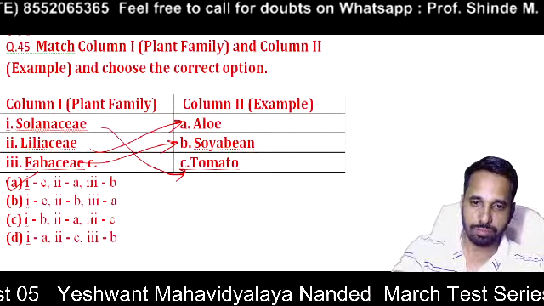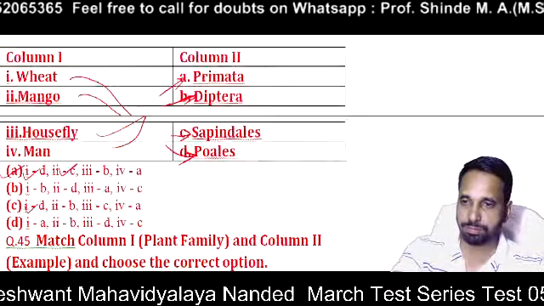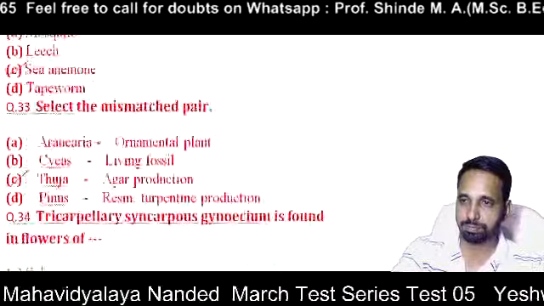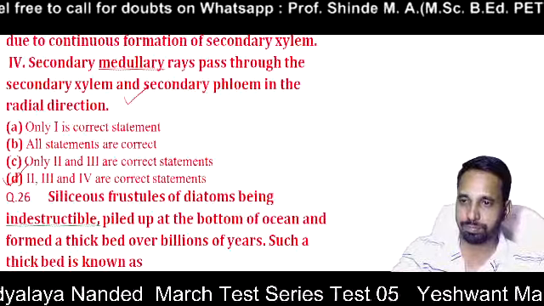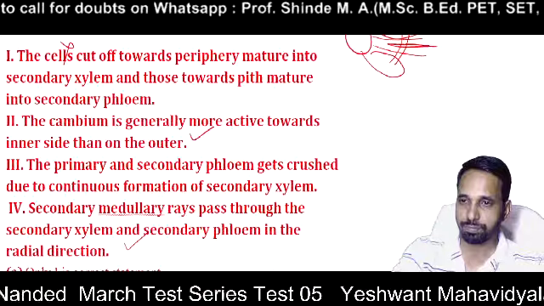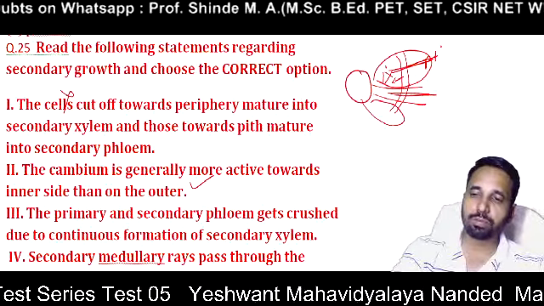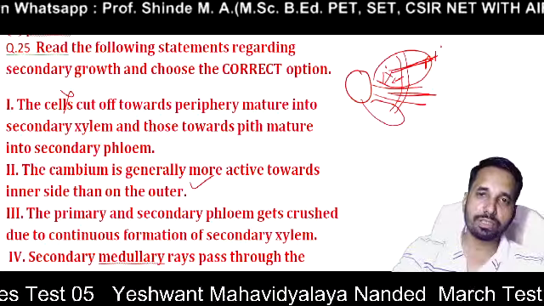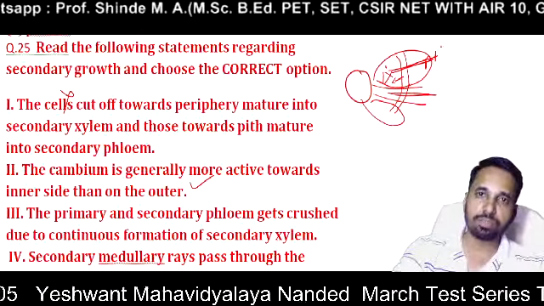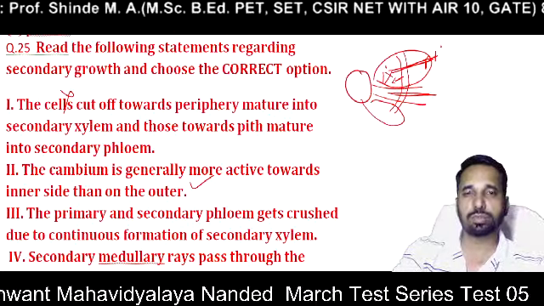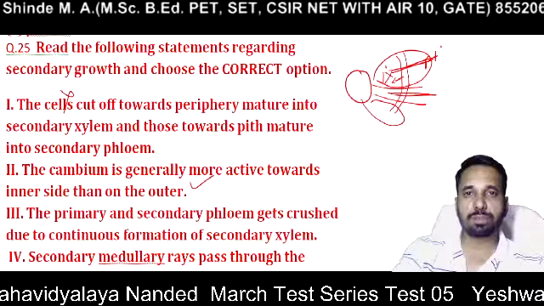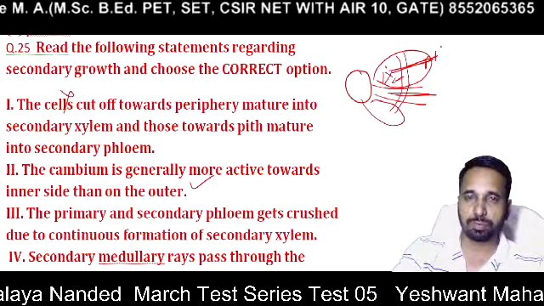Question number 25. What was that? Yes, in 25 you must understand what means the vascular cambium which are cutting or which are adding cells toward both sides. Now xylem is present toward the pith, phloem is present toward the periphery.